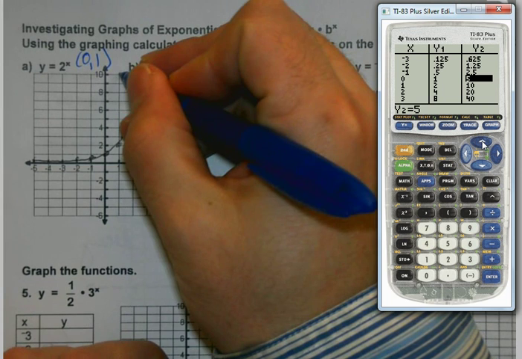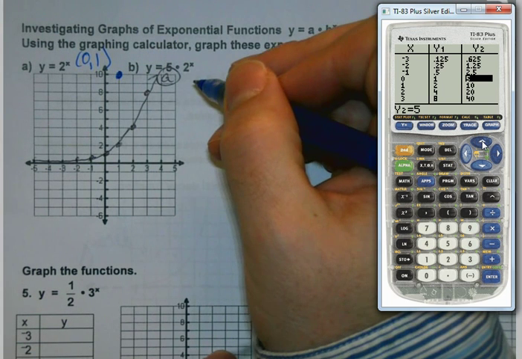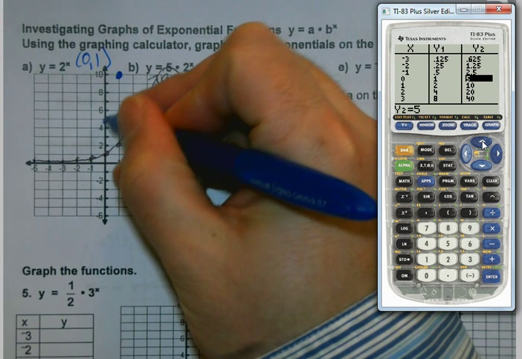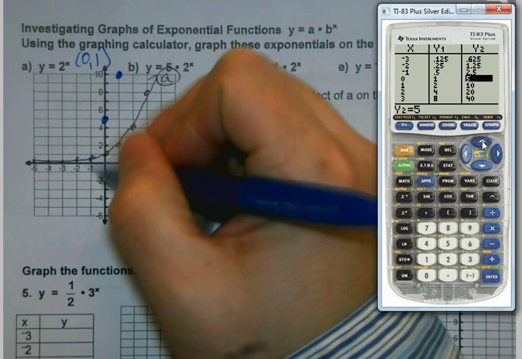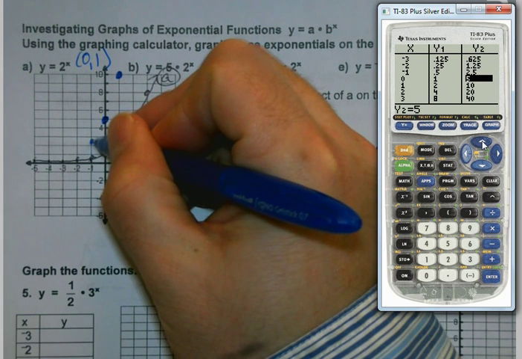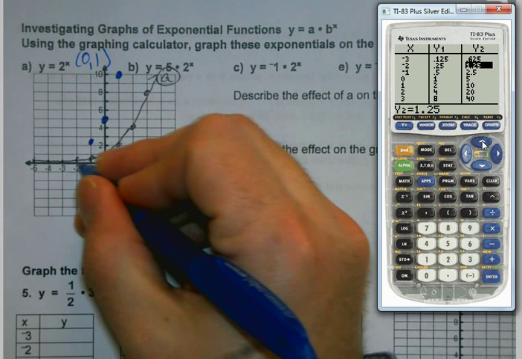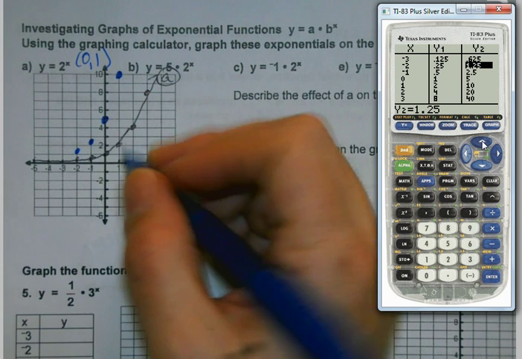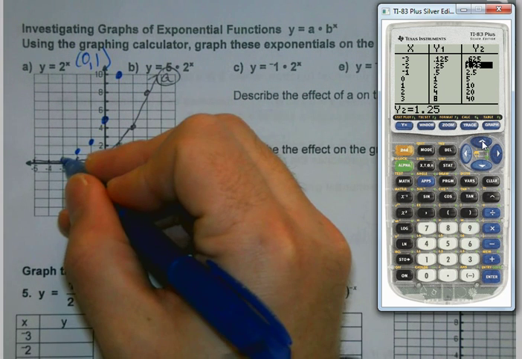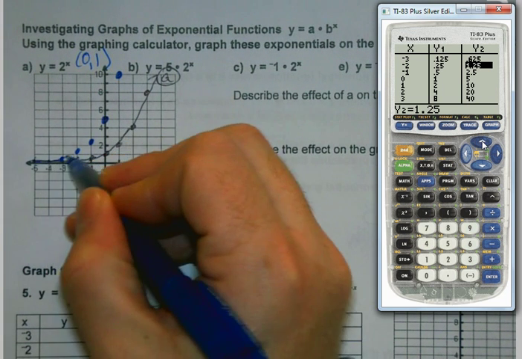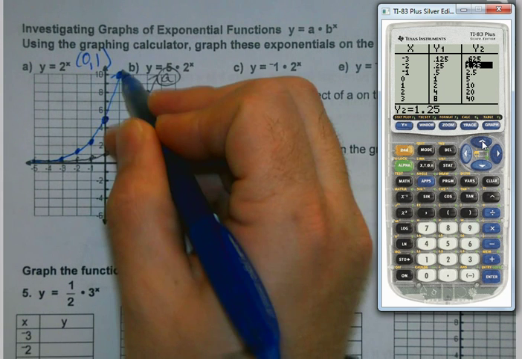I can get the point (1, 10) in, and (0, 5), and (-1, 2.5), (-2, 1.25). At -3, I'm a little above a half, but I'm still not going below the axis, but it gets really steep.